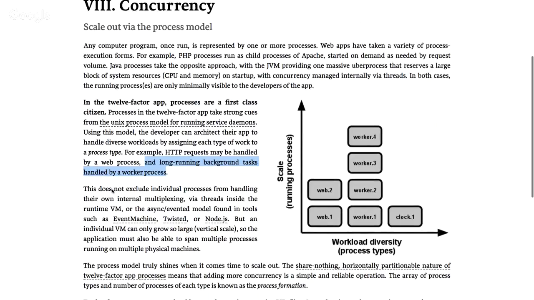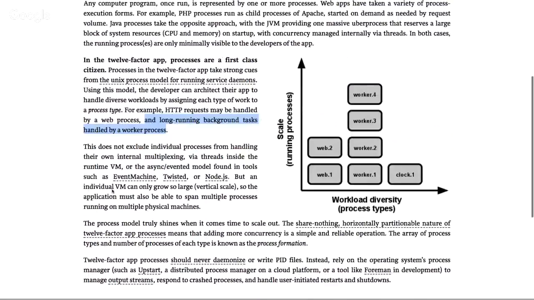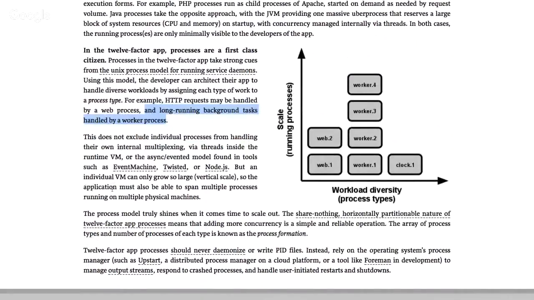This does not exclude individual processes from handling their own internal multiplexing via threads inside the runtime VM. So even though we have these processes, this doesn't exclude a process from handling internal multiplexing via threads.